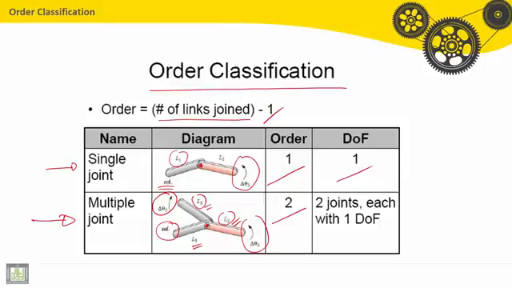So the order is 2. It is a second order joint. So we have 2 joints, each with 1 degree of freedom.